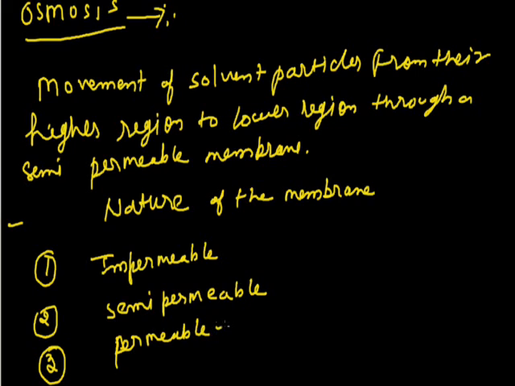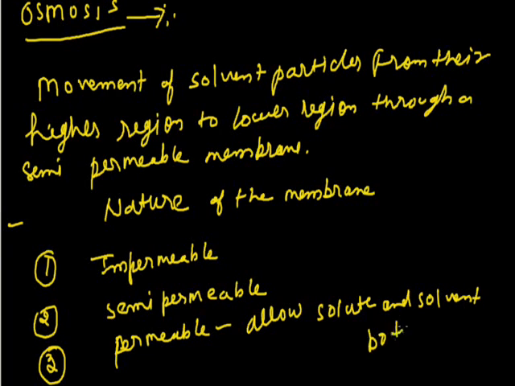We'll start with permeable. Permeable is a kind of membrane which allows solute and solvent both to pass through it. An example of a permeable membrane is the cell wall, which is present in plants.